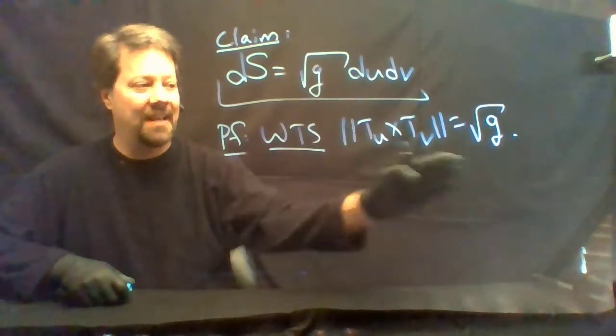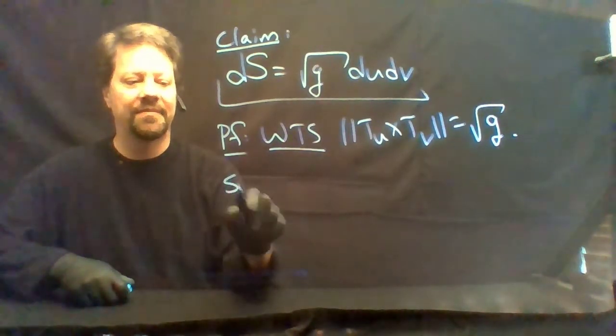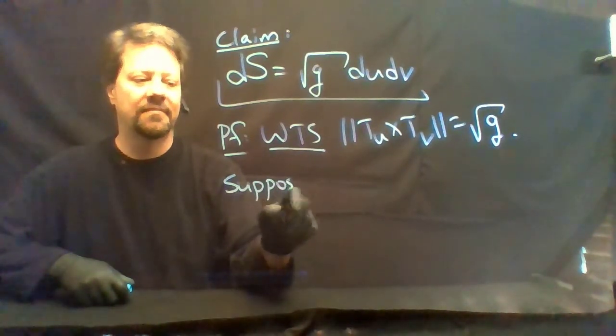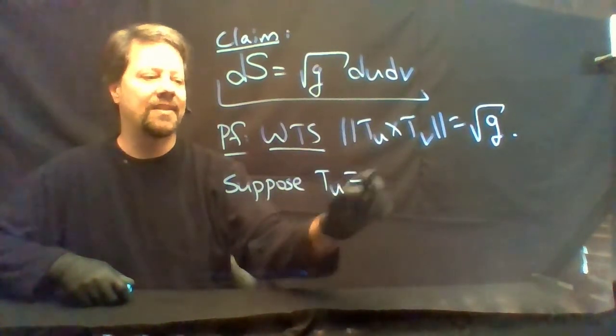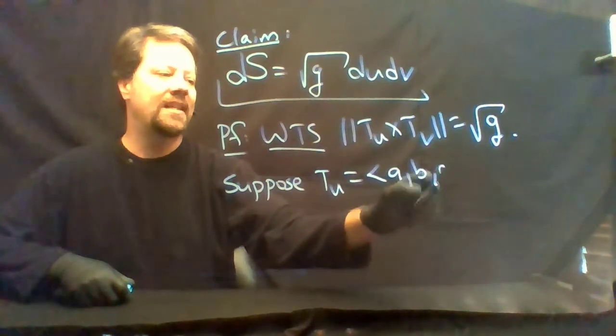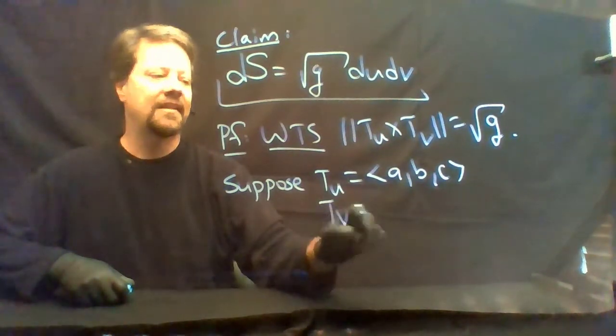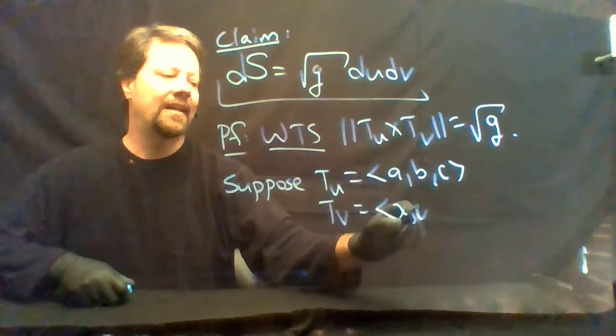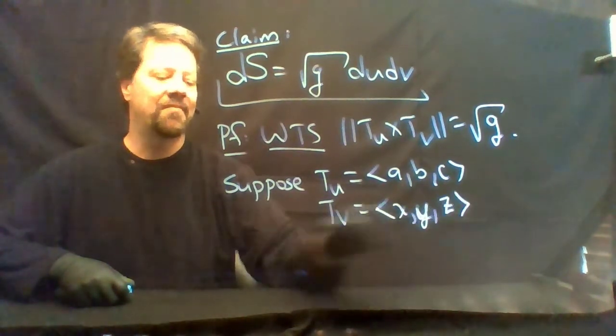To prove this claim, let's suppose that Tu has coordinates a, b, c, and Tv has coordinates x, y, and z.